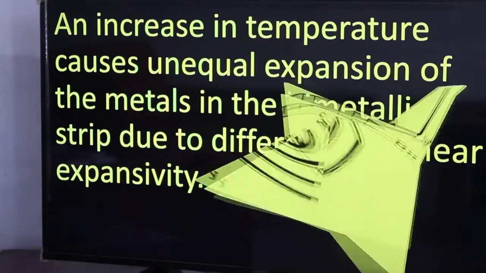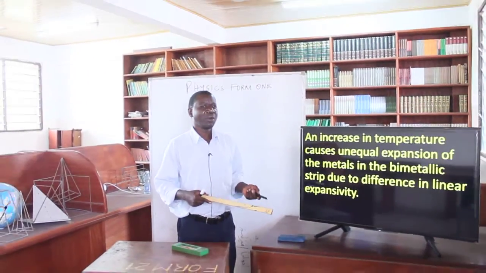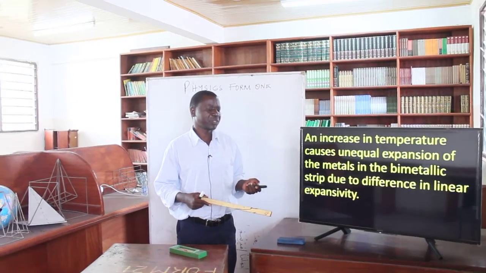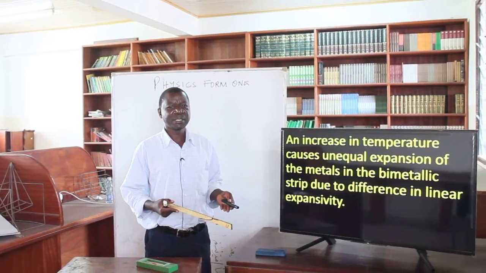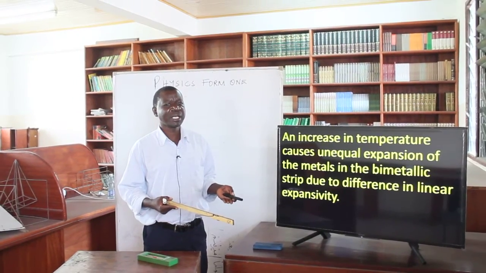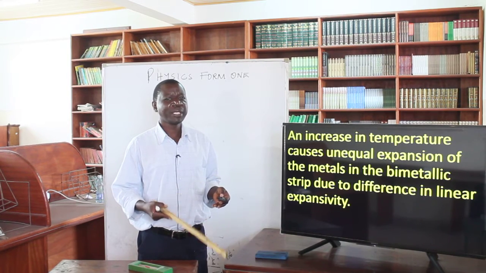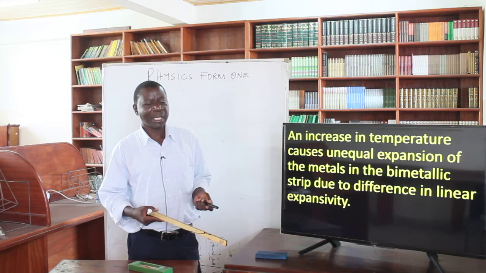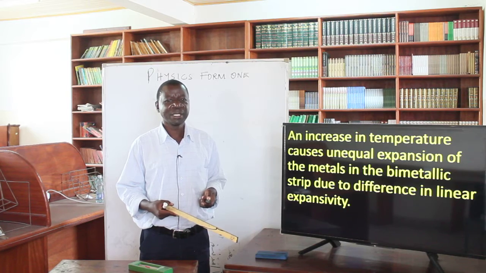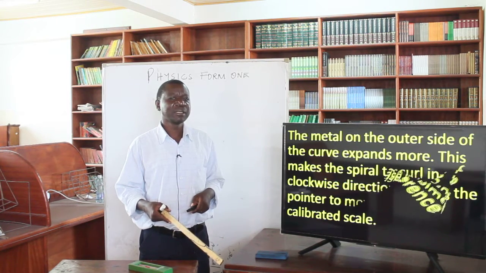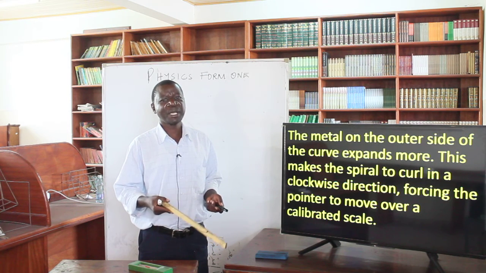So an increase in temperature causes an unequal expansion of the two metals in the bimetallic strip due to their difference in linear expansivity. The metal on the outer side of the curve expands more.